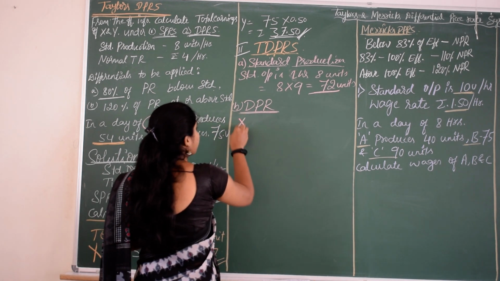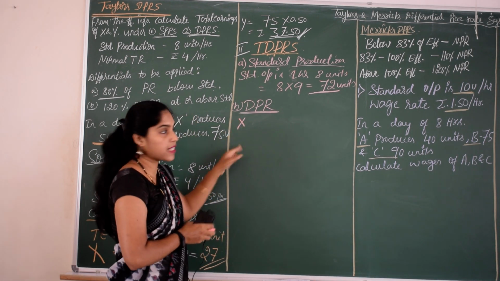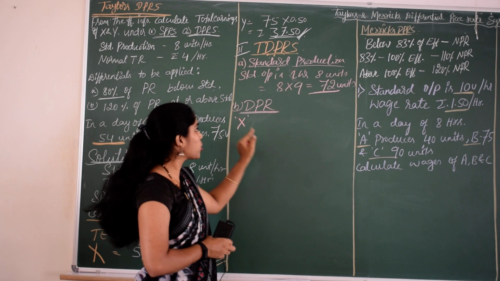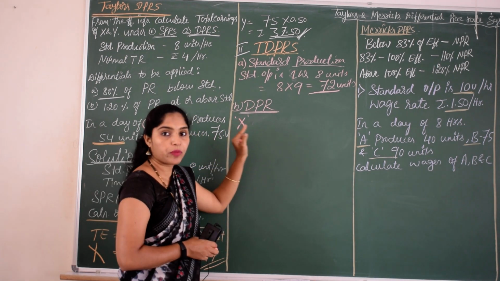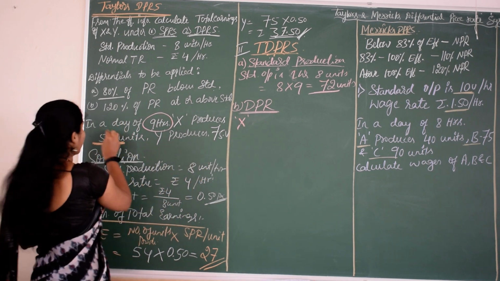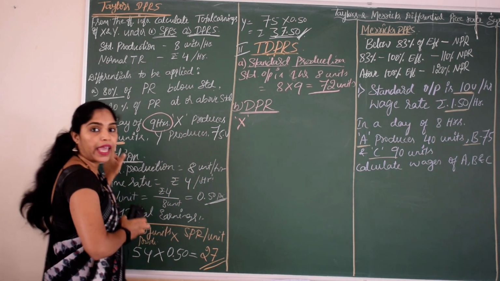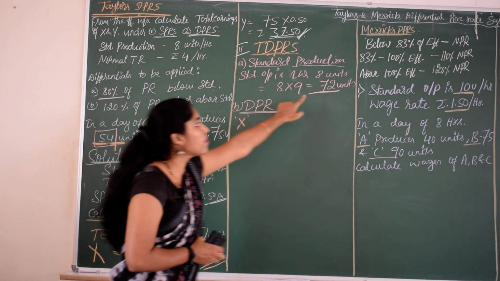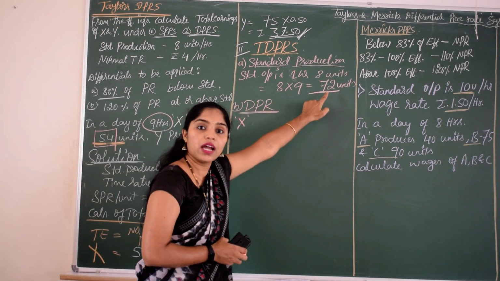Let us take Mr. X. Here we have to compare X's production with the standard production. X's actual production is 54 units, whereas our standard production is 72 units.